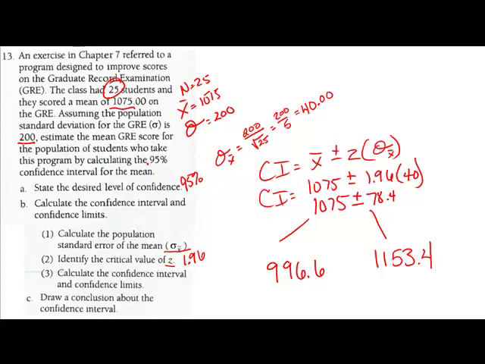That's our confidence interval. And we have a 95% probability the sample mean is in here. There we go.